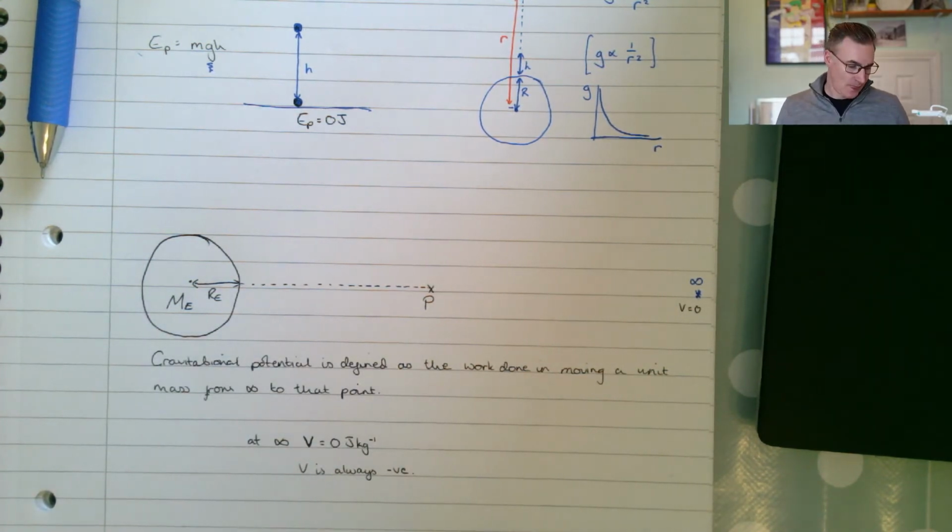And so when we look at gravitational potential, and indeed gravitational potential energy, we're always going to be dealing with negative numbers.